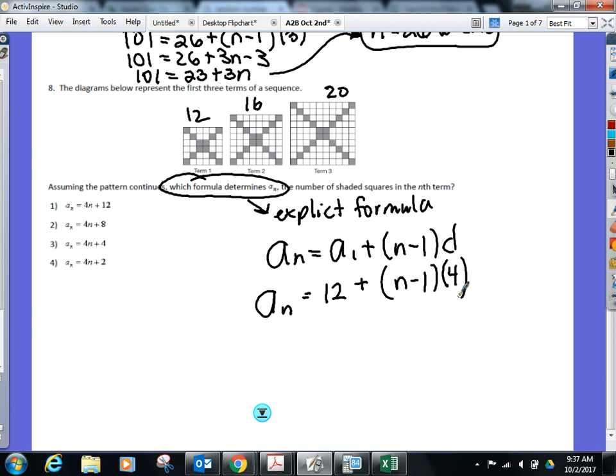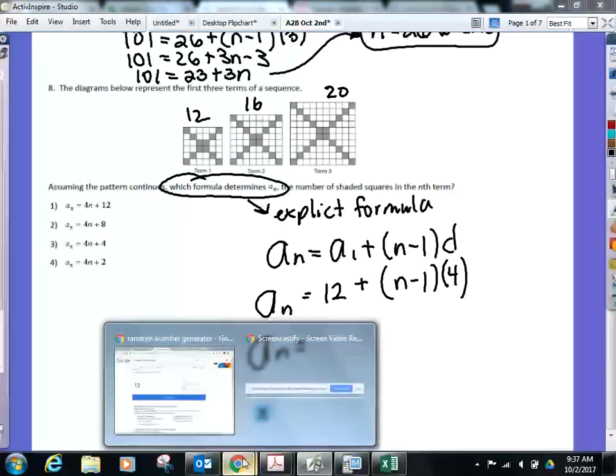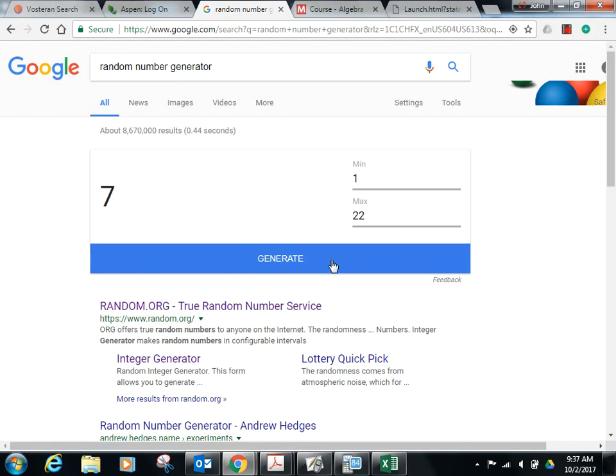Clean it up, please. Distribute the 4, add the 12. And we end up with, just give me the, not the multiple choice, but the final answer.